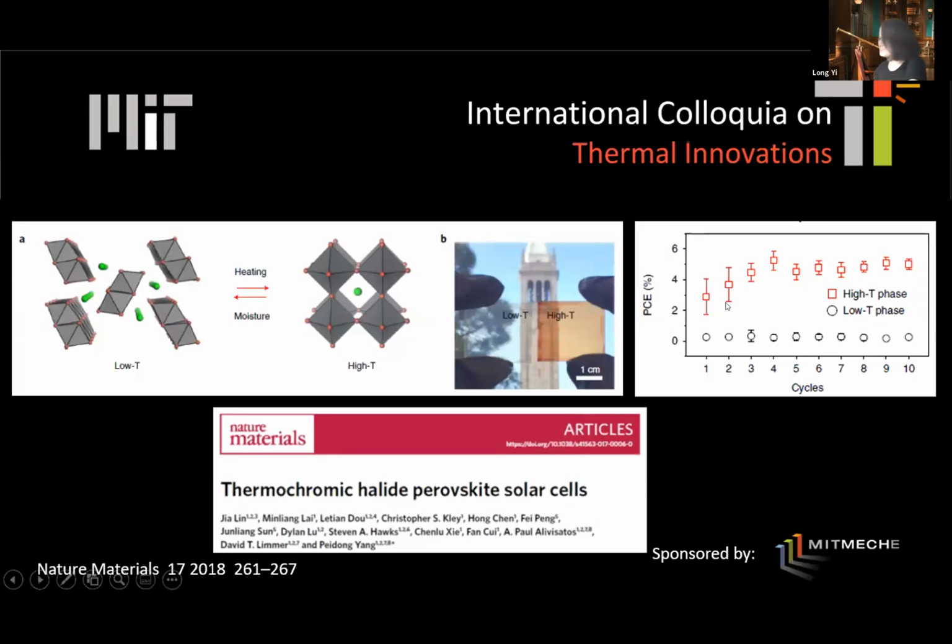For a good window response, you have to roughly tune it to about 30, 40 degrees. That's reasonable; 100 is really too high. But this is a very good proof of concept paper, simply combining energy saving and energy generation in one functionality.